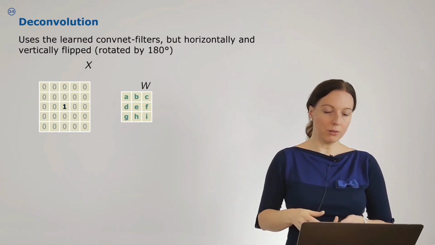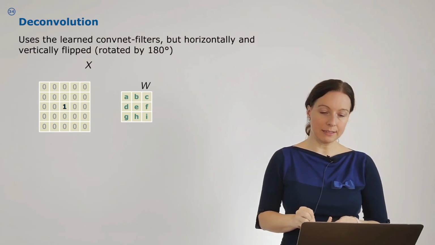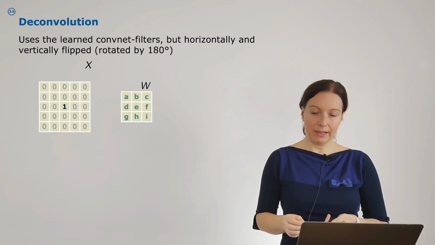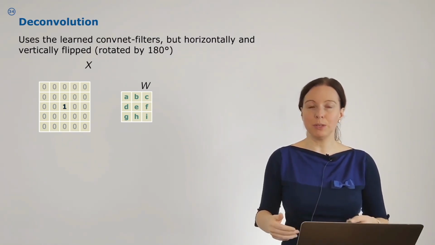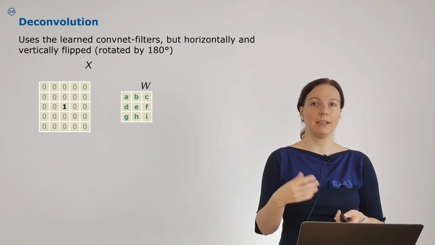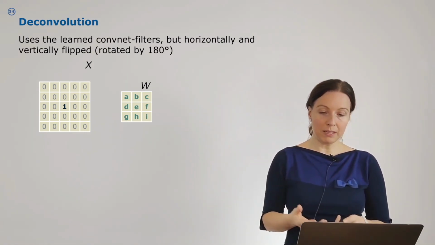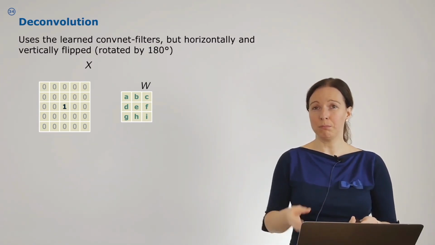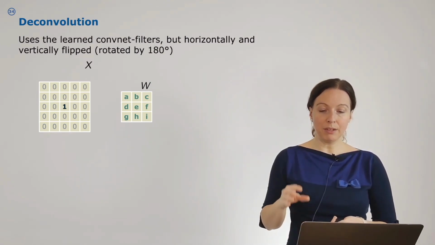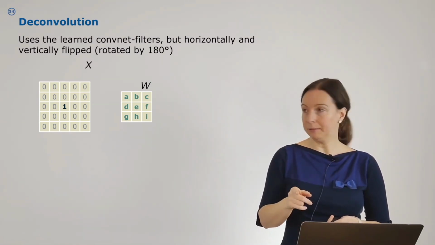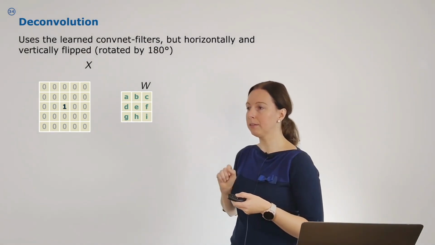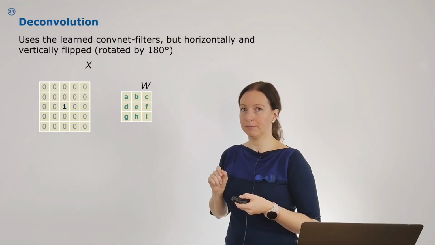So most convolutional neural networks and machine learning libraries are actually implemented using cross-correlation. And in the end, it doesn't matter because it will not change the result. In practice, if we would use convolution instead of cross-correlation, it would mean the same weight values would be learned, but just in a flipped orientation. But let's have a look at what would happen if we would not flip the filter. Again, what you see here is a feature map X, and this is the filter, not flipped.